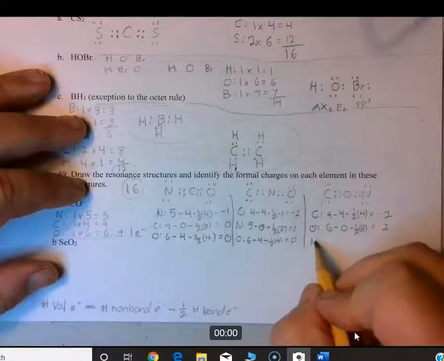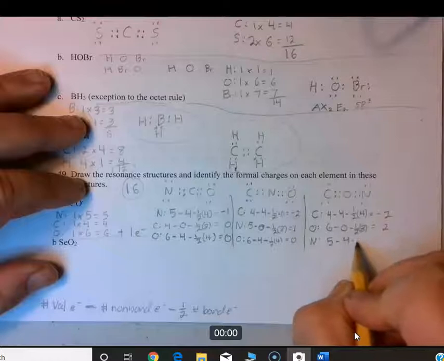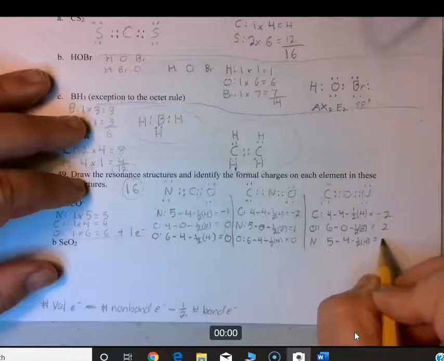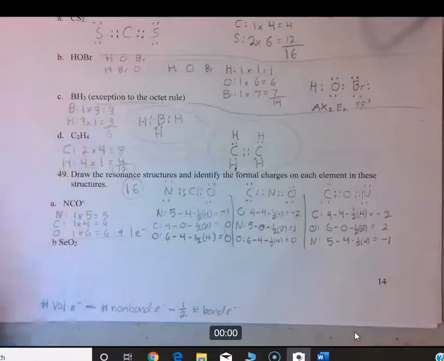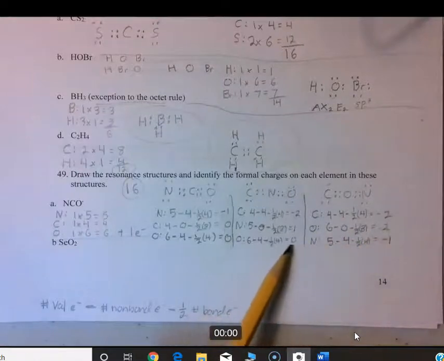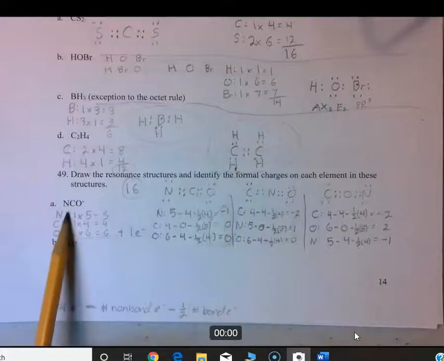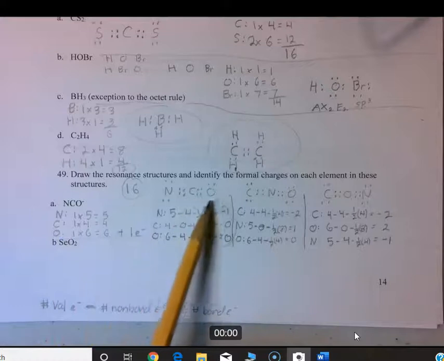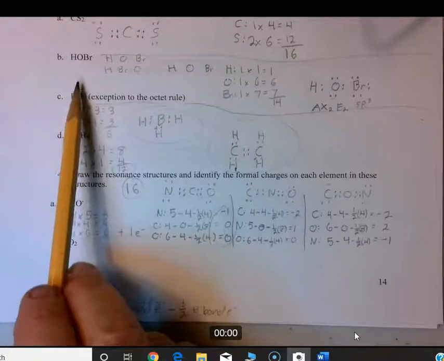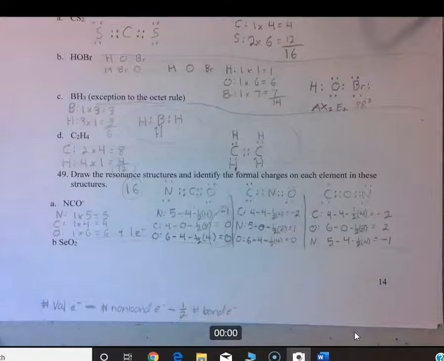And then we have nitrogen, which is 5 minus 4 non-bonding minus half of 4 bonding, and that's going to be -1. So if we add -2 plus 2 minus 1, we get -1. So we get -1 for all of the totals. Clearly this one over here on the left is the best. That's why they write the formula in this order, because that's the order of the electrons, similar to HOBr up above. So that's it.